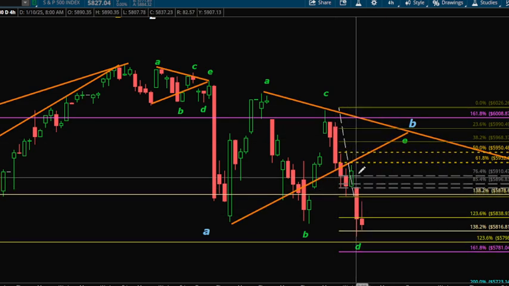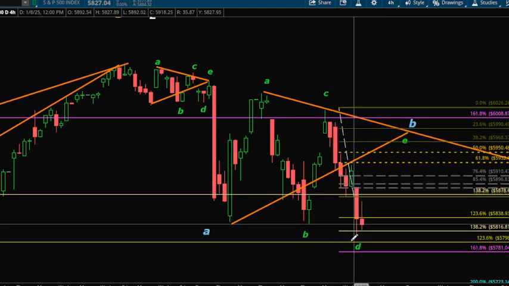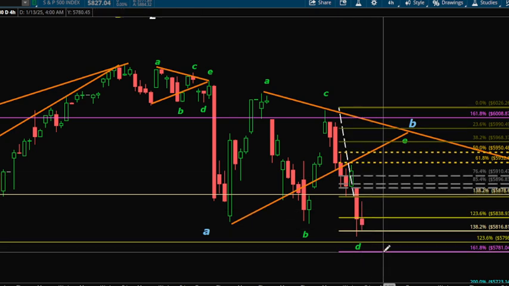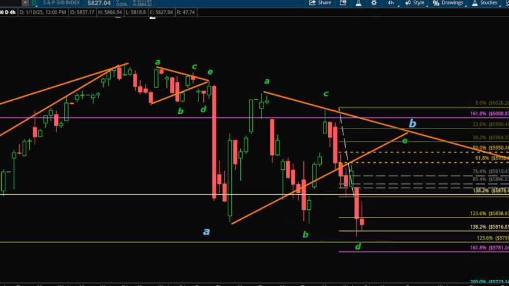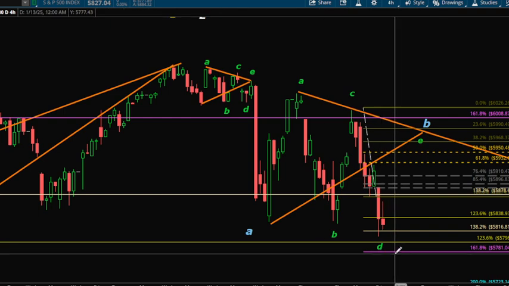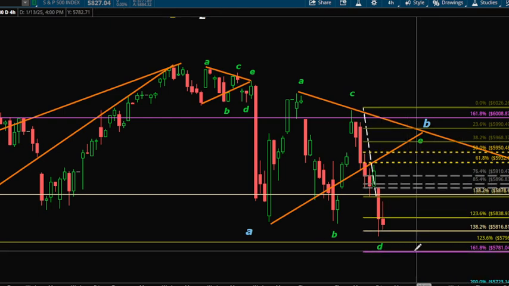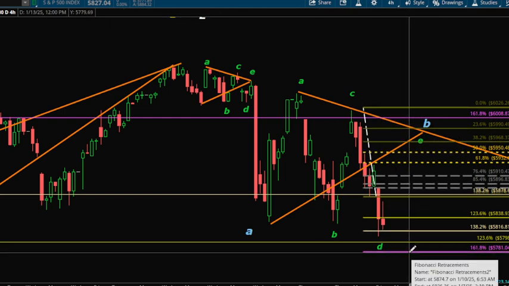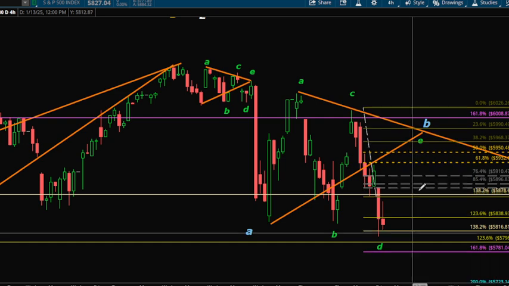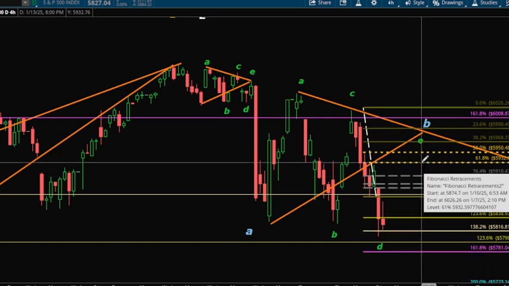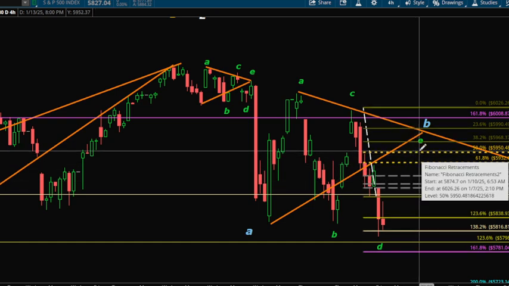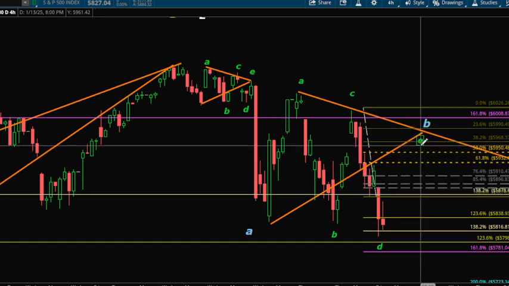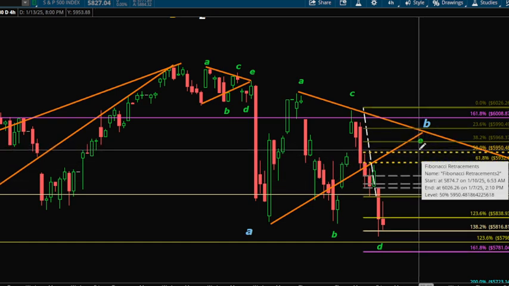So if this is 2 degrees here, 1, 2, 3, and then 1, 2, 3 to finish this out, I bet you we try to hit a 57.81, something like that. Okay, I'll leave that up there. This box will pop up 161.8 at 57.81. If that hits, I would be expecting a bull run up to the 59.60 area.